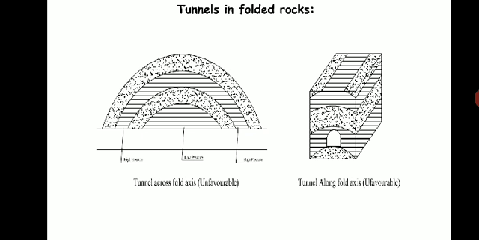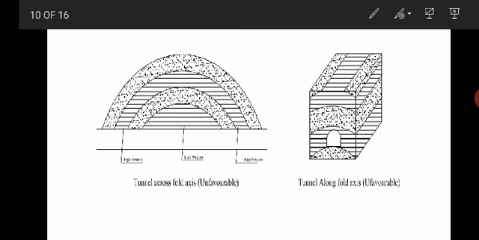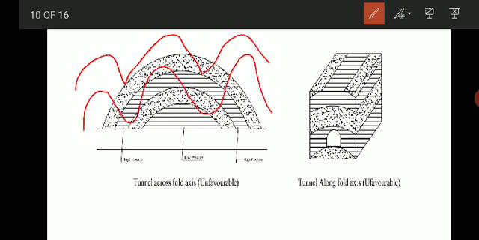The folding of the rock introduces considerable variation and uncertainty in the sequence of the rock. So if the rocks are folded like this, okay, with this type of folded rocks, you may come across different types of rock when you go for construction.